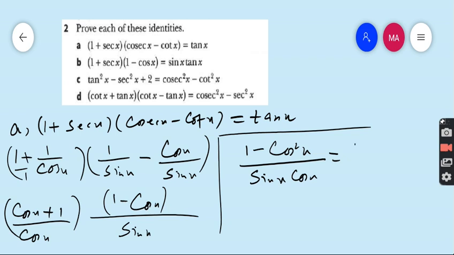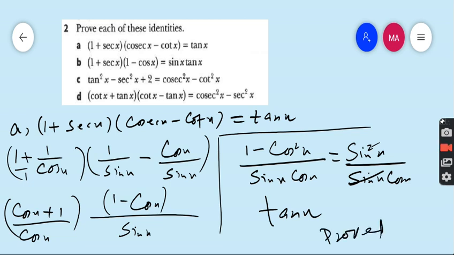You know 1 minus cos square x is sin square x upon sin x cos x. Sin cancels, leaving sin upon cos, which is tan x. And we achieve the right hand side, therefore it is proved that left hand side is equal to right hand side.